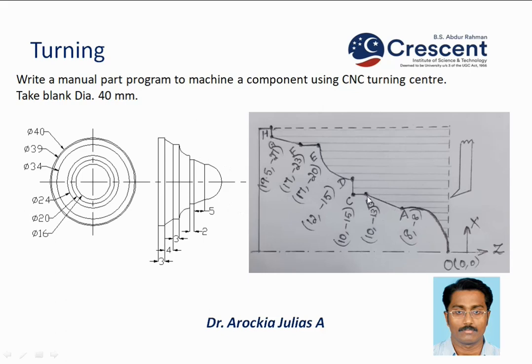At point B the value is 10, minus 13. Now we have a flat region, a step of 2 units. You could see it in the left side of the diagram. Here z minus 2 will be added and x remains the same. So for point C, 10, minus 15.